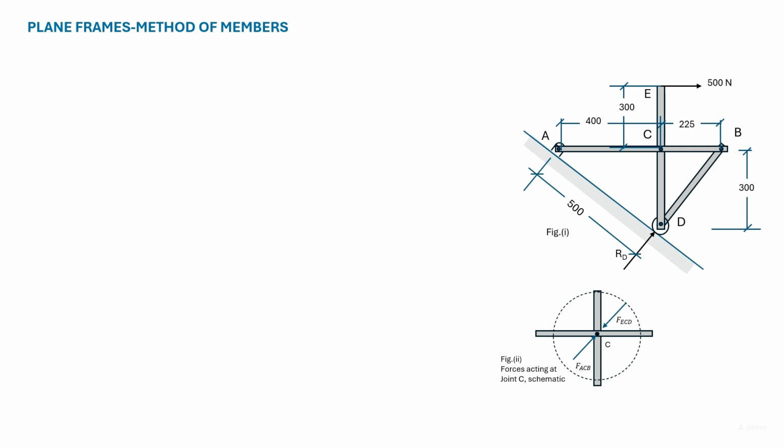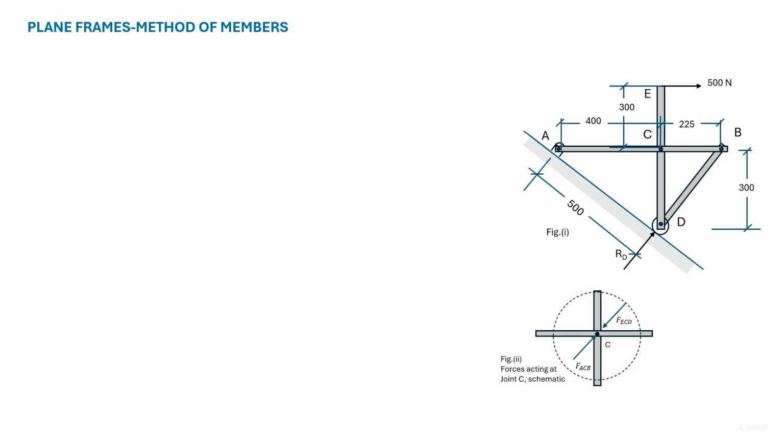This causes bending. While trusses are solved by looking at the equilibrium of the joints, plane frames are solved by looking at the equilibrium of the members. The method of solving is therefore known as the method of members.